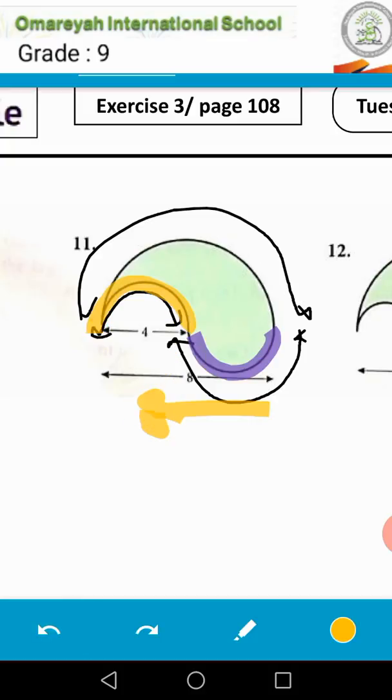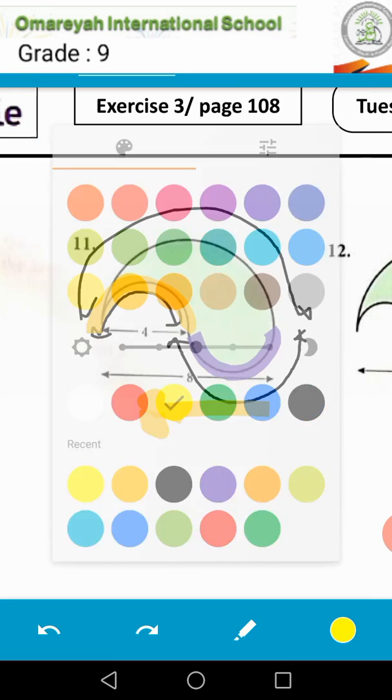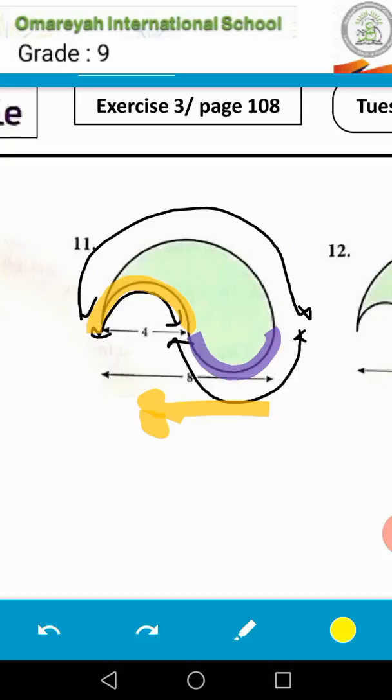Is it clear? So it's enough to find the semicircle. You have to find the circumference of the whole circle for the yellow, then divide by 2 to get the length of this arc. So find the circumference, then divide by 2.